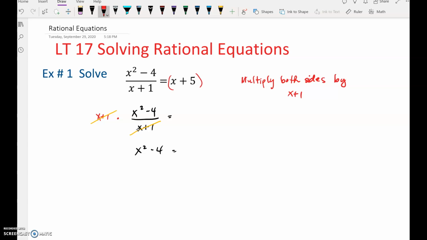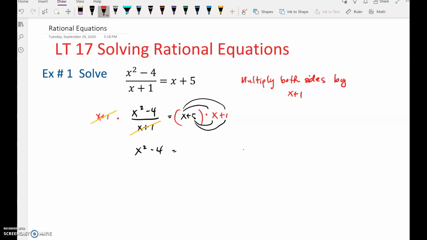So this is also to be multiplied by, let me redo that. You also have to multiply the right side, x plus 5, by the same denominator, x plus 1 I should say, because we're trying to clear off this denominator. So on the right side, I will multiply using the FOIL method or distribution.